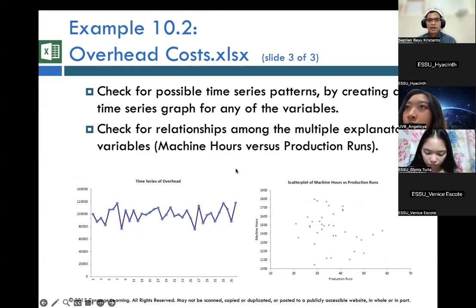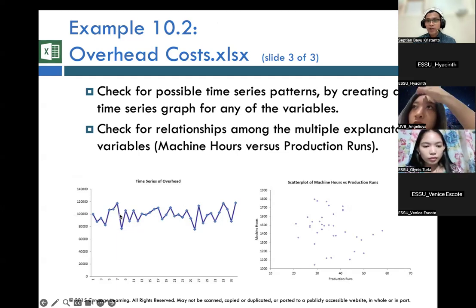Okay. Sometimes we find different patterns. It's not a linear graph or a linear chart. We find non-linear graphs like this one. We have inflations or variations in the time series of overheads. But we can conclude with other predictions.